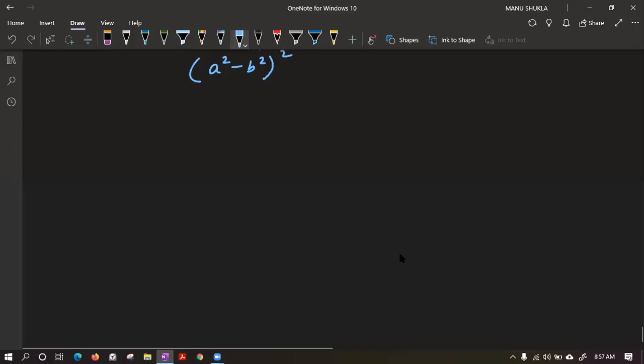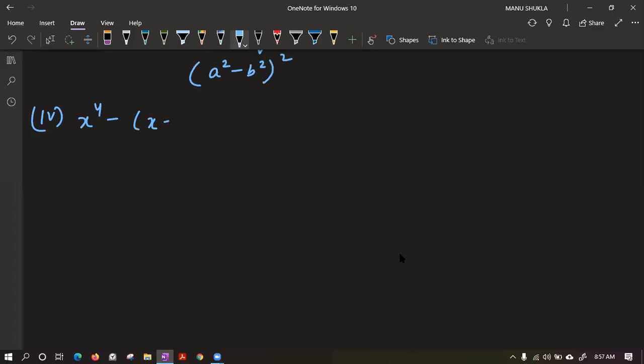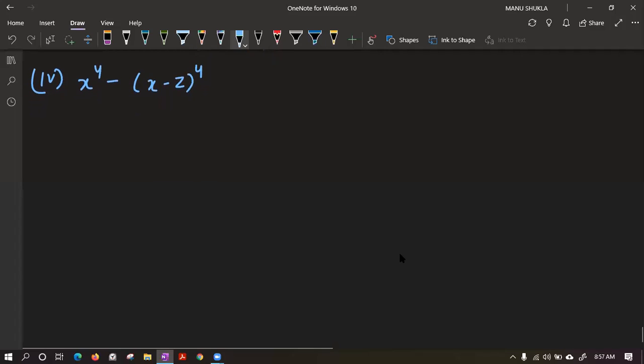Now let's take the fourth part first. He had a doubt in the fourth part. Let us take that also. Rudra, see, in this case, what I have to do is, I can see this is a single variable and this is a double variable.